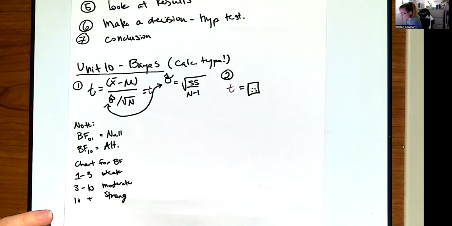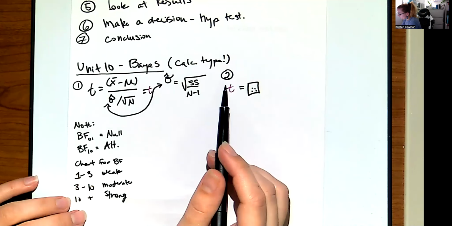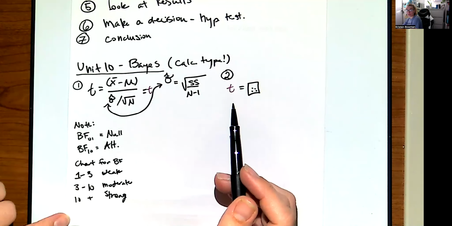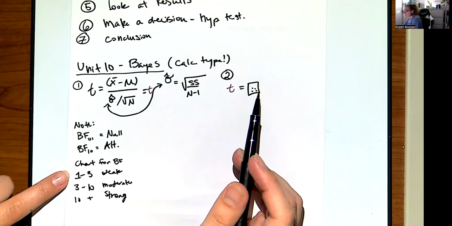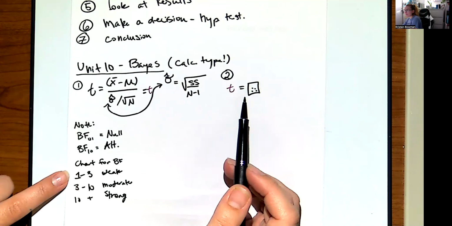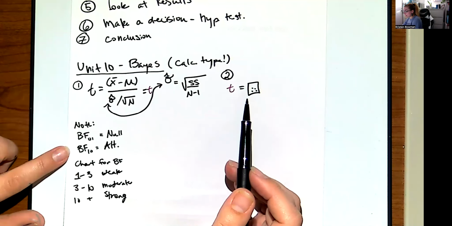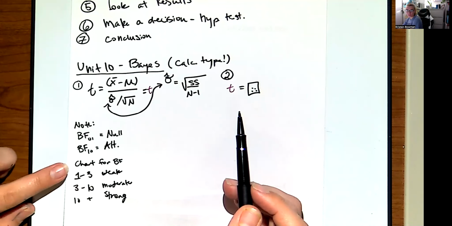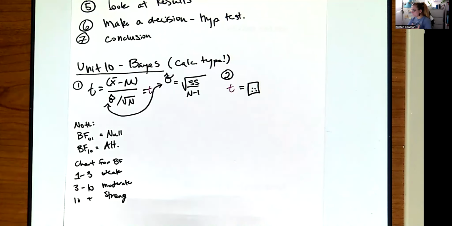Anyways, so then what we do is we would think about which one we have evidence for and how strong it is based on the T. So if from the calculator we get BF10 of 10, that means that we have evidence for the alternative that is strong.